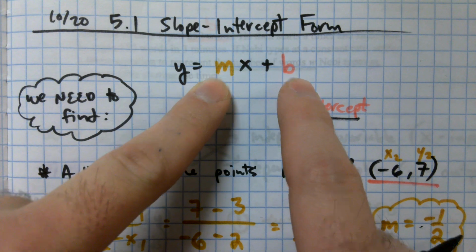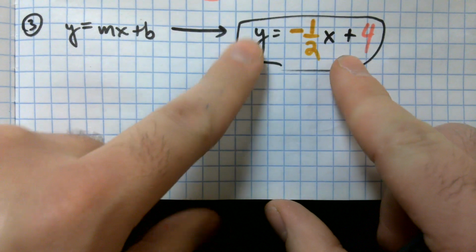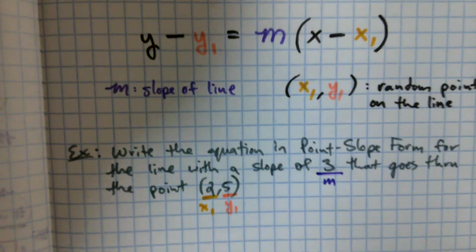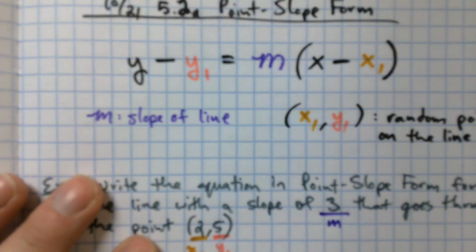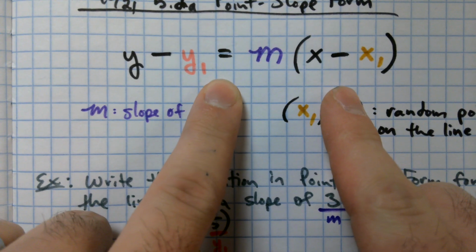Whatever is in a certain color is what gets replaced with a number. You guys notice that? Okay, so if you're ever looking back, that's how you can tell where do I plug something in, where do I not. What are the three things that are colorful that I'm plugging into this formula?